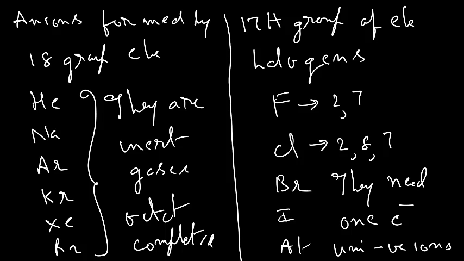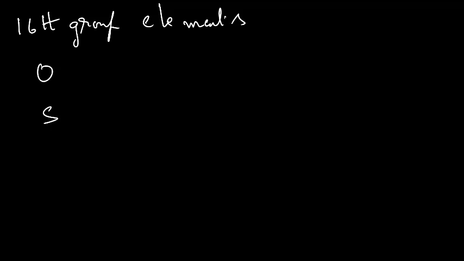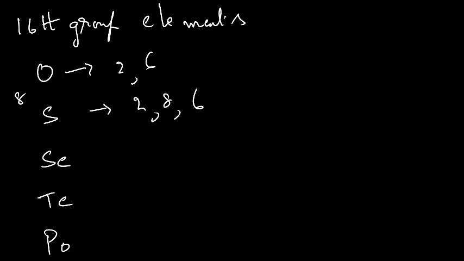Uni-negative ions. If you take 16th group elements, what are the 16th group elements? Oxygen, sulfur, selenium, tellurium, polonium. Atomic number of oxygen is 8, that is 2, 6. Atomic number of sulfur is 16, that is 2, 8, 6.